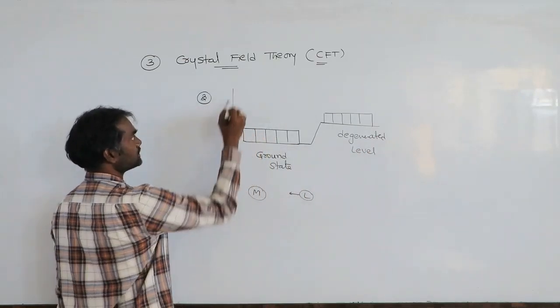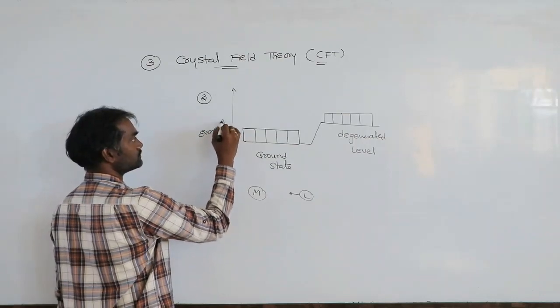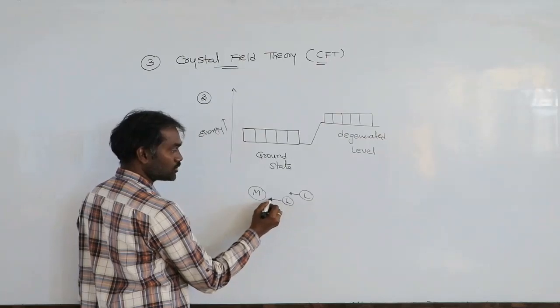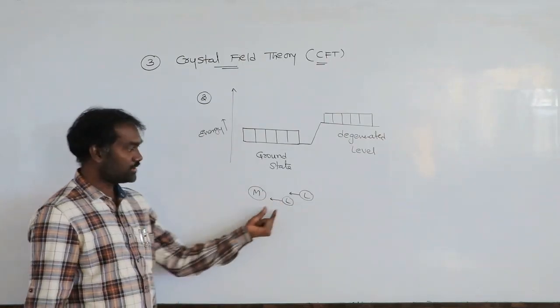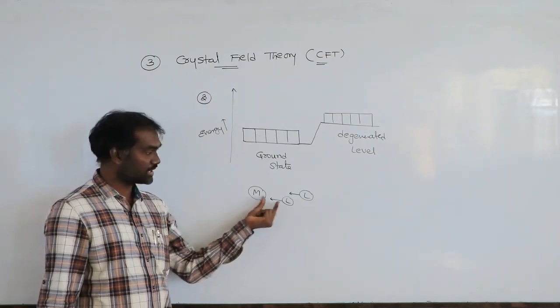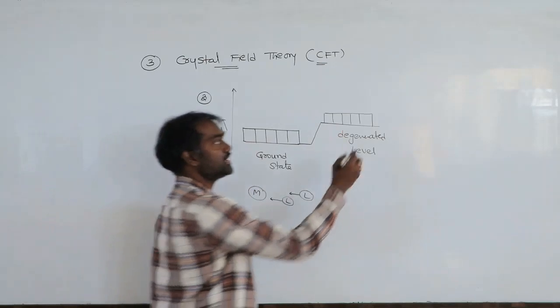See, this is the energy level. Suppose the ligand is coming very close to the metal. The ligands can come either on the axis or in between the axes. Based on that, the orbitals are split into two types.